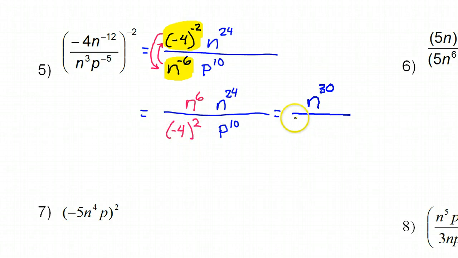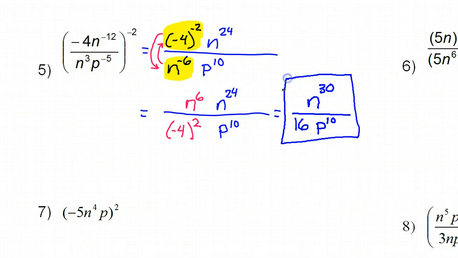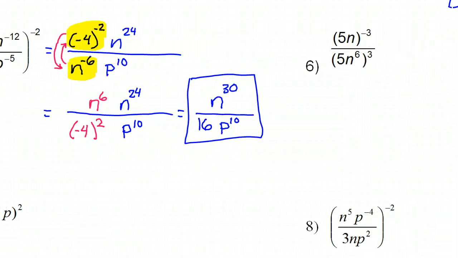So that will just be 16. Okay, so I've got 16p to the 10th power. Okay, I think that is the most straightforward way to actually do the problem. Thank you, Natasha.